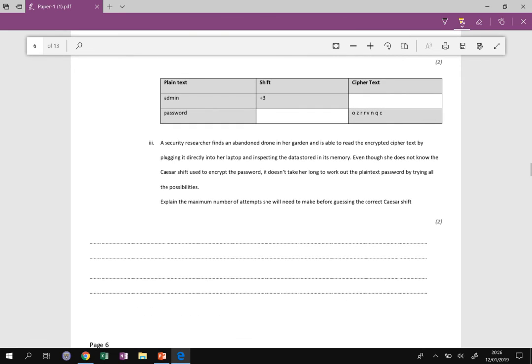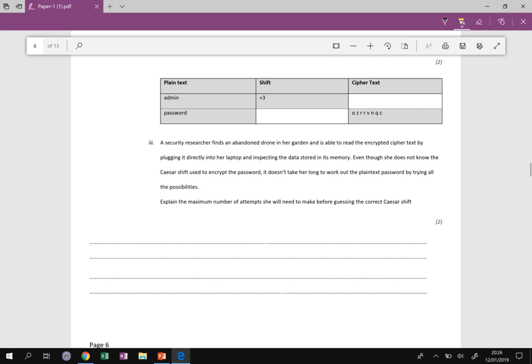And then also in the next video you'll get the answer to this one. 2 marks here. A security researcher finds an abandoned drone in the garden, and she's able to read the encrypted cipher text, so this text here, by plugging it directly into her laptop and inspecting the data stored in its memory.